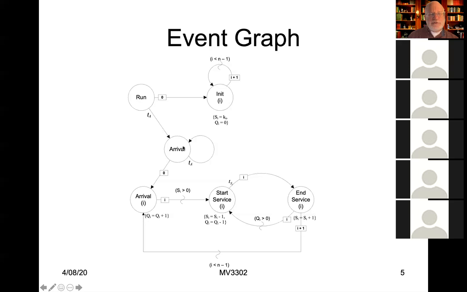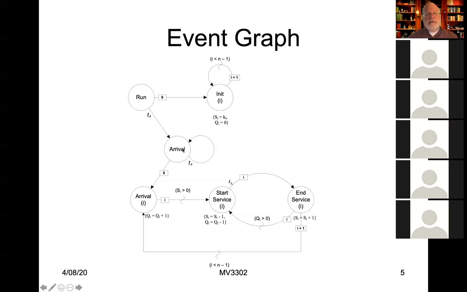So after that first arrival event is executed, there is going to be an arrival event with a 0 argument and an arrival event with no arguments sometime later. So at that first arrival time, this arrival event with an argument of 0 is going to be on the event list, and another arrival with no argument is going to be on the event list sometime later.